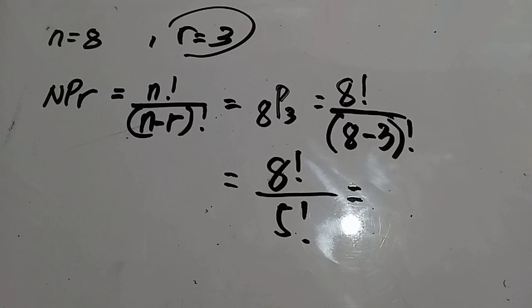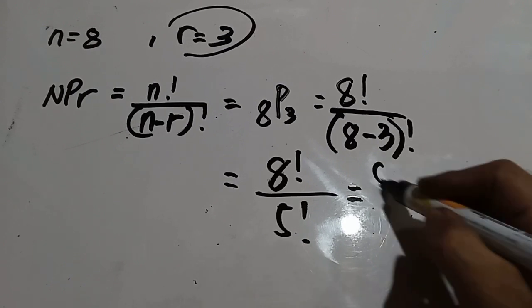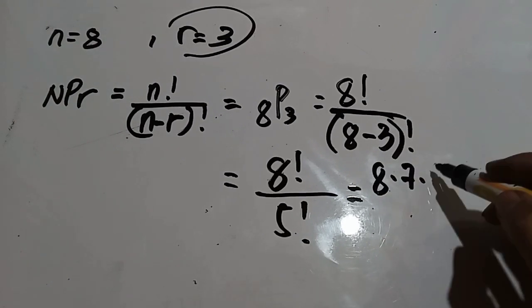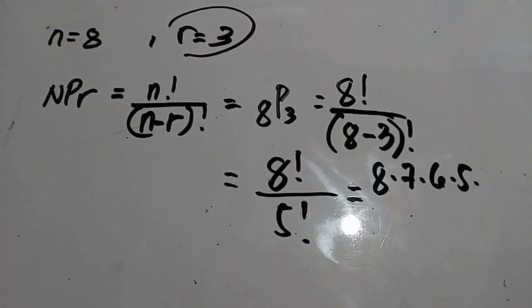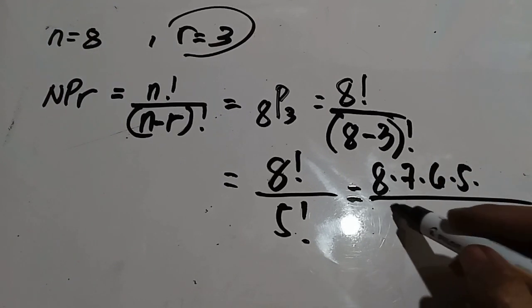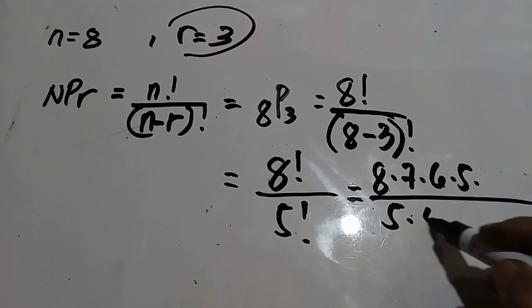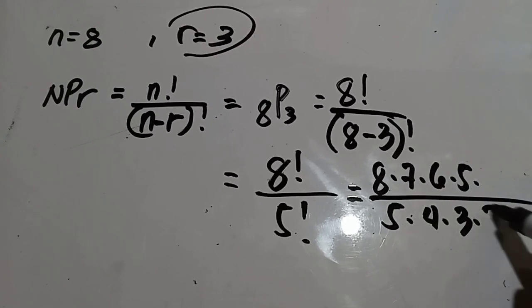Kunin natin yung ordering of elements. We have 8 times 7 times 6 times 5 times and so forth, all over 5 times 4 times 3 times 2 times 1. So ibig sabihin, why is it hanggang dito lang ako?